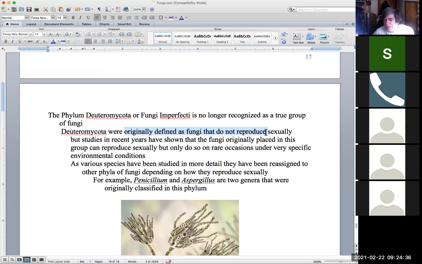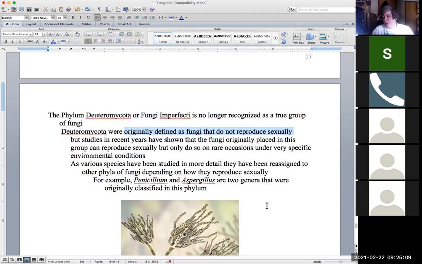This was originally defined as fungi that don't reproduce sexually. The reason that this category is no longer used is because it turns out when we study the organisms in this group and we look at them very closely for a long period of time, it turns out that they do reproduce sexually. But they only reproduce sexually once in a blue moon, and the environment has to be very specific for them to reproduce sexually.